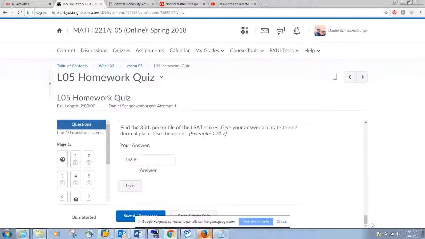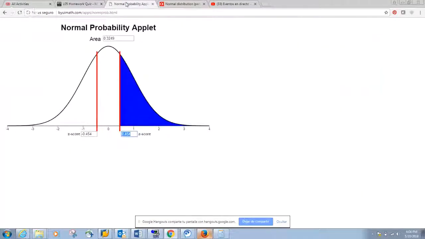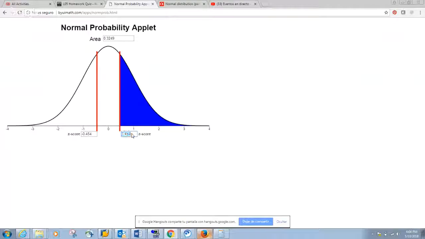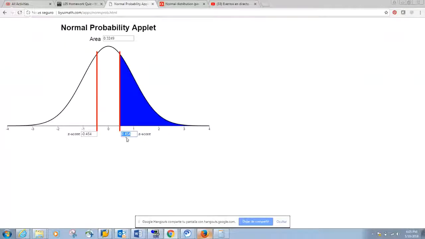Okay, wait, let me do z-score to percentile. What was the z-score that you got for that? 0.4538 was the z-score I calculated for the 35th percentile. It was 0.4538, right? Yeah. It rounds up to 0.454.